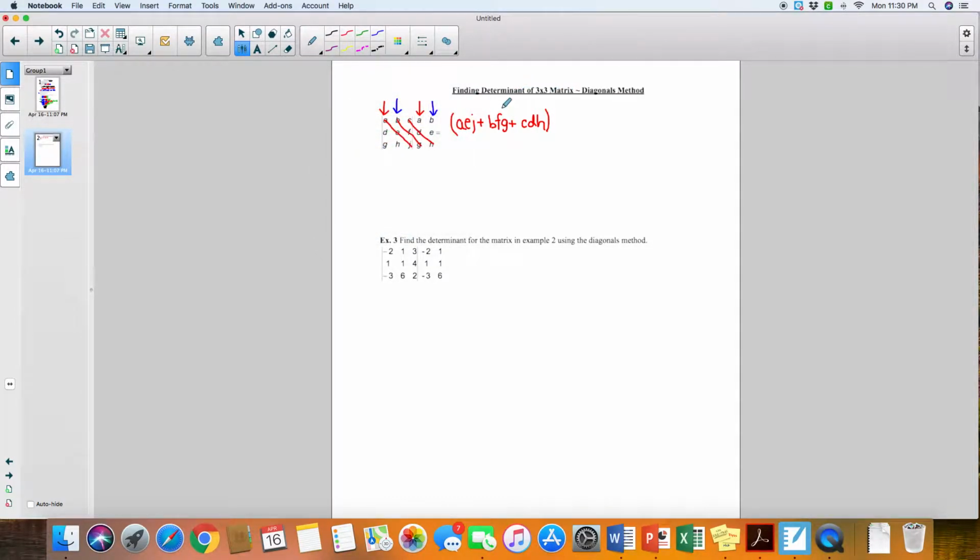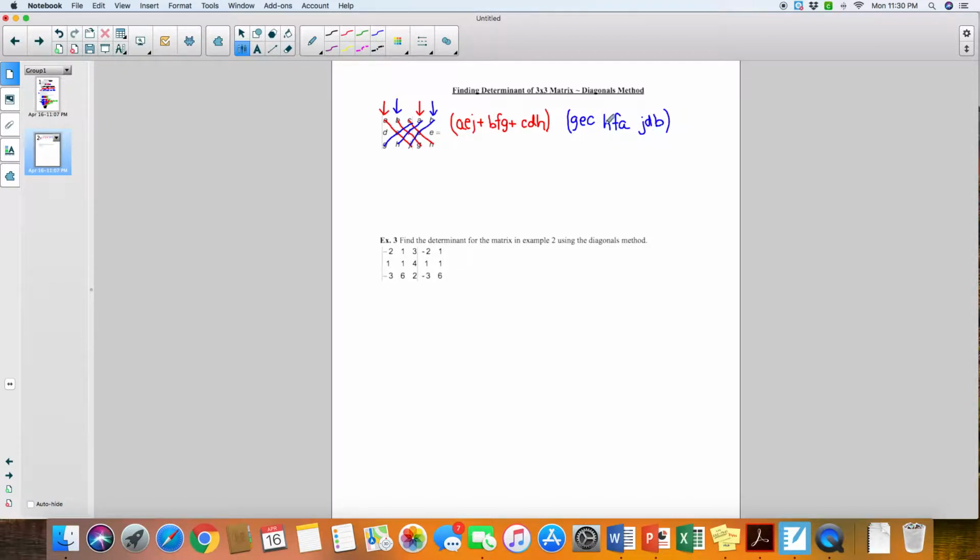So now I'm going to do the diagonals going from bottom to top. That will be G, E, C. And then I'm going to do H, F, A. And then the last one, J, D, B. So I find the products of those, and again, this is also one group.